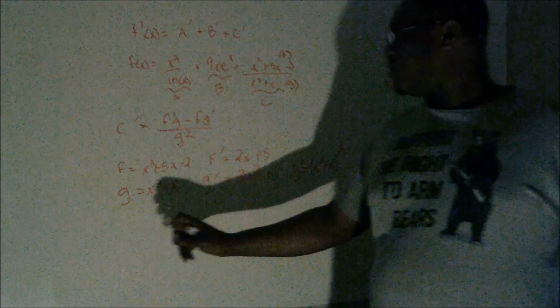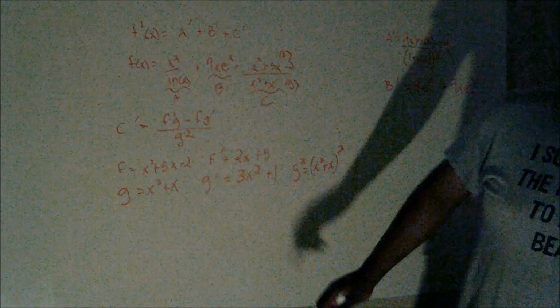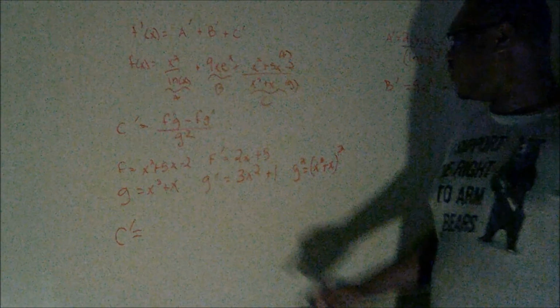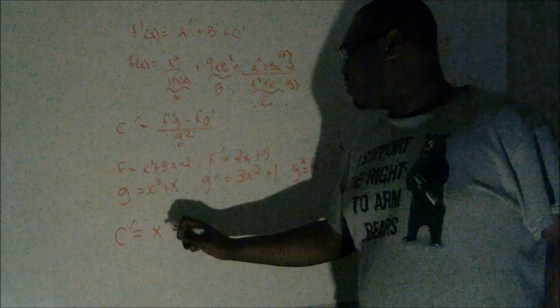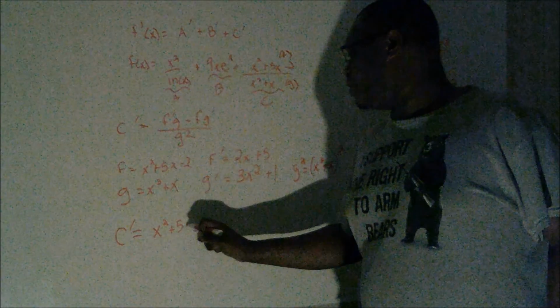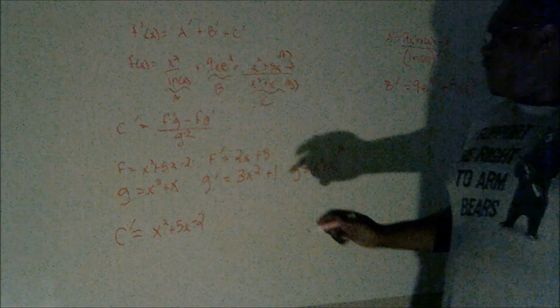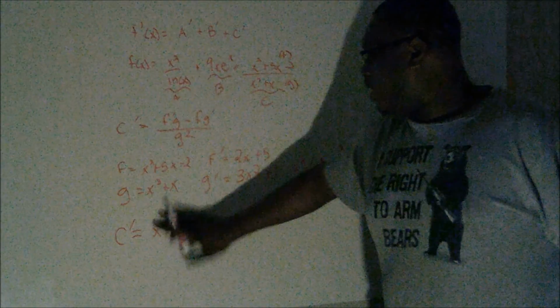So we will have the final answer being, and I'm just going to write this here, c prime equals f, which is x squared plus 5x minus 2. F prime, I'm sorry, it should be f prime.